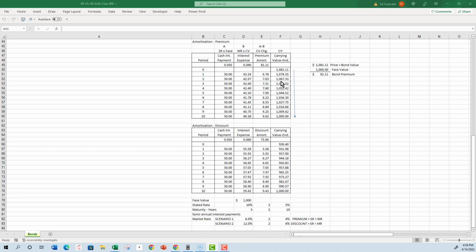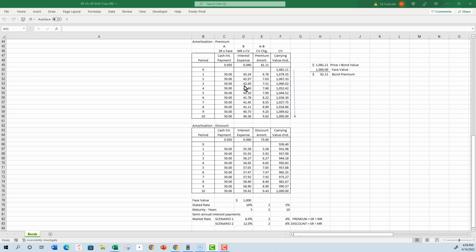$1,074.35, subtract the $7.03, and we get $1,067.33. For period 3, again, we have a cash payment of $50. To calculate the interest expense, we take the market rate of 4%, multiply it by the $1,067.33. When we do that, we get $42.69.